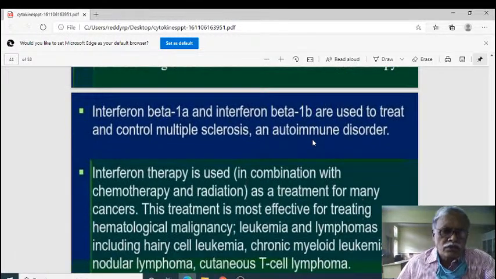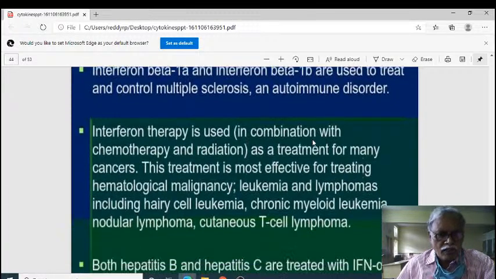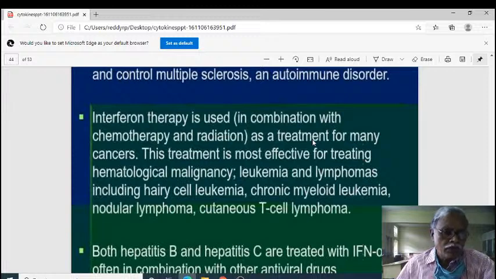Then you have interferon beta 1a and interferon beta 1b, which are used to treat and control multiple sclerosis, an autoimmune disorder. Interferon therapy is used in combination with chemotherapy and radiation as a treatment for many cancers.